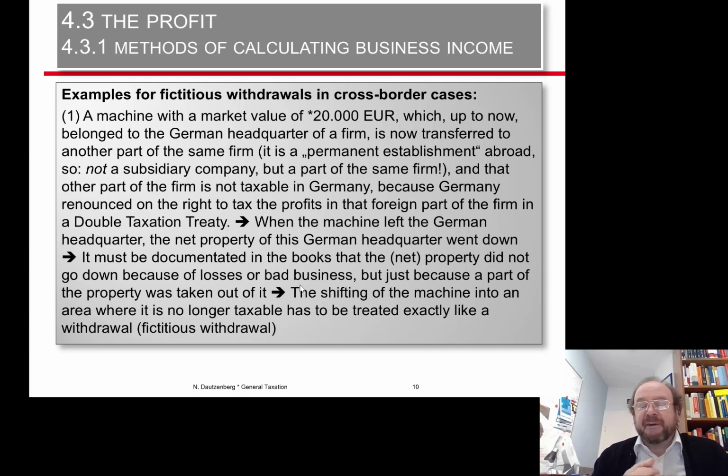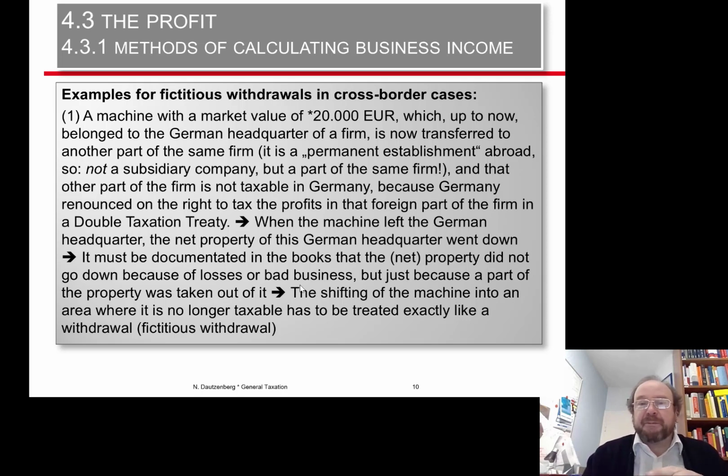But the trick is now, if that other part of the firm, for example, your factory in Paris, is not taxable in Germany anymore because Germany made a double taxation treaty with the other country, that Germany doesn't take tax anymore for the factory property in Paris because that is already sufficiently taxed by the French.